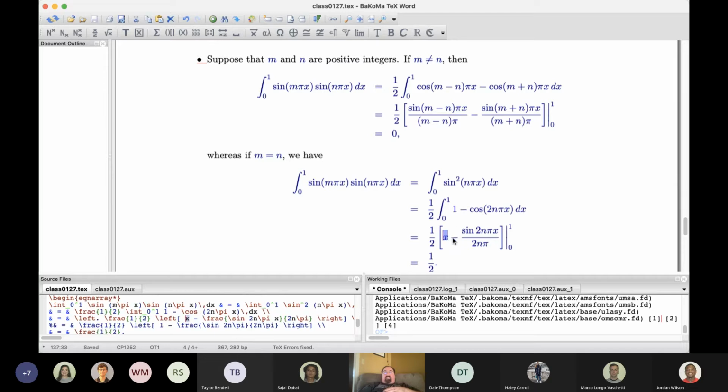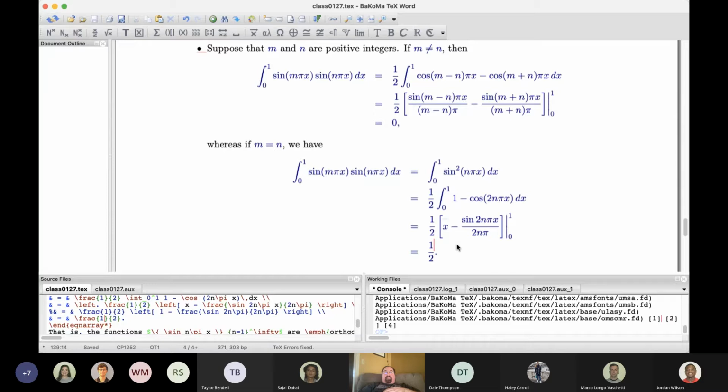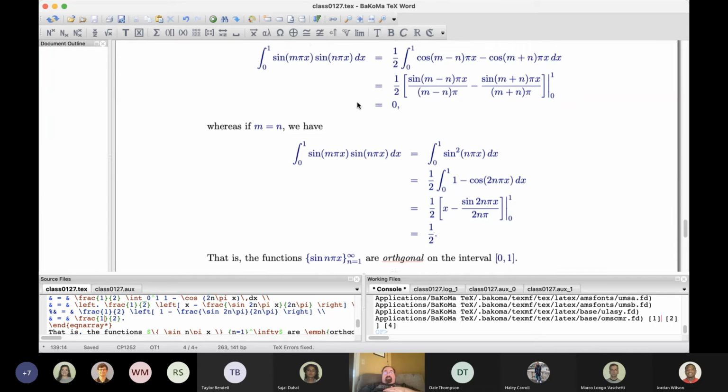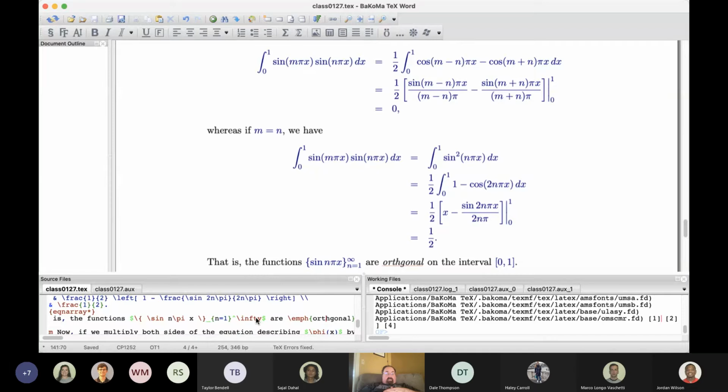The x part is the only part that makes a contribution to the value of the integral, so we end up with 1/2. What this means is that these functions, sine n pi x, are an orthogonal set of functions. Oh, typo. Orthogonal. Okay.